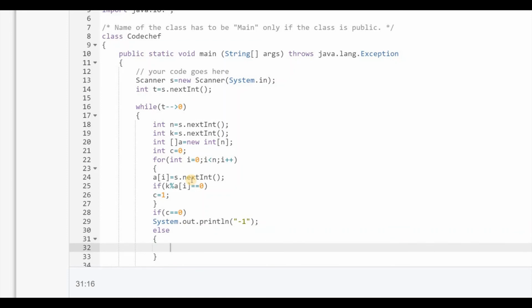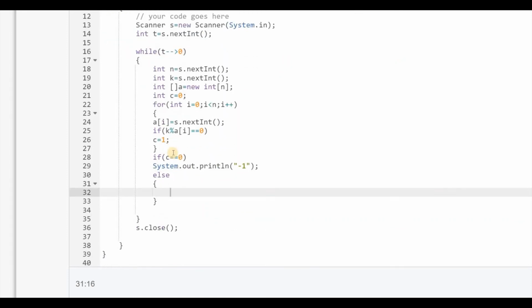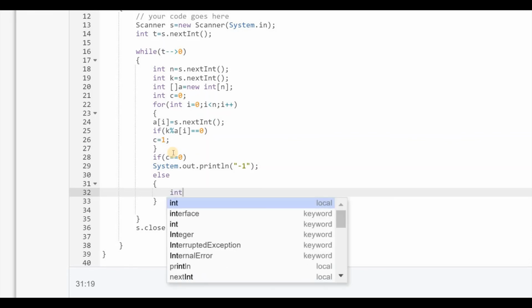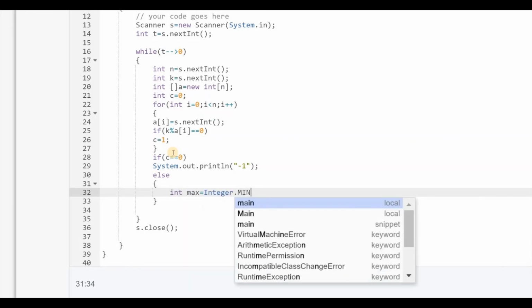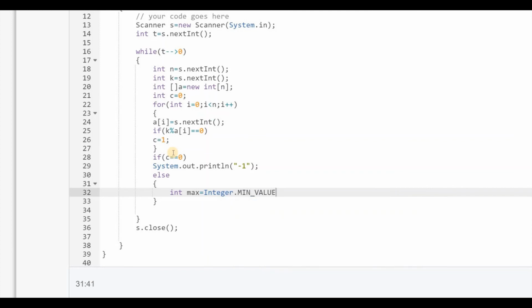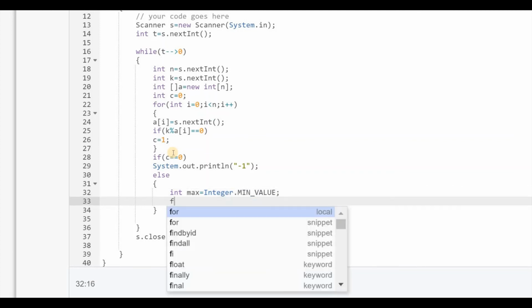Else, now we need to take a of i as the maximum value and it should divide k exactly. So I am taking max as the least minimum value first so that we can compare with the elements.